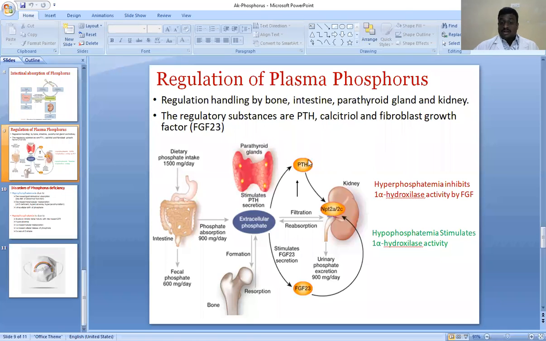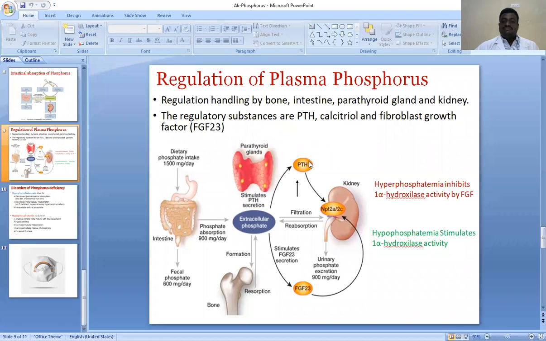In calcium regulation, parathyroid hormone is released only when the calcium concentration is reduced in the blood, that is, hypocalcemia. But in phosphorus regulation, when the phosphate concentration is increased in the blood, hyperphosphatemia, parathyroid hormone appears in the blood.